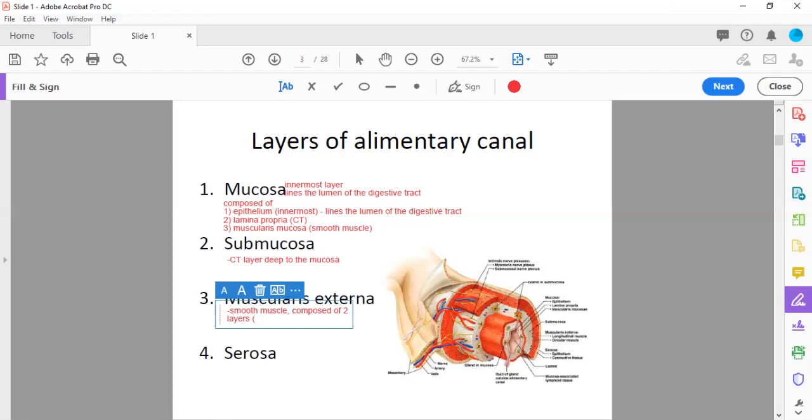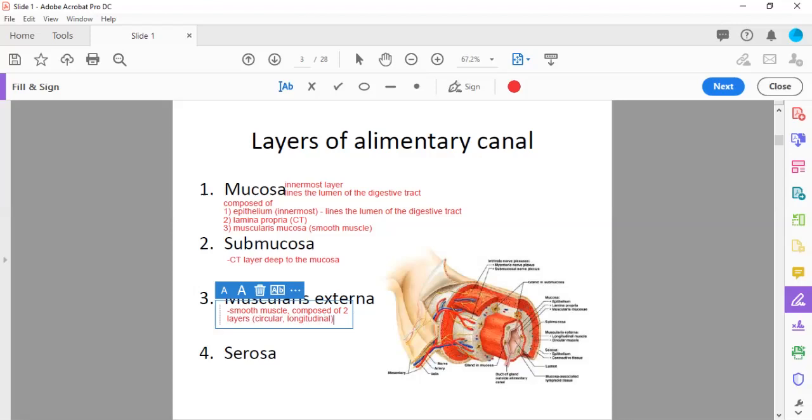And we have what's called the circular muscle and the longitudinal muscle. Now, there is an exception in the stomach, and we are going to talk more about the stomach later on.